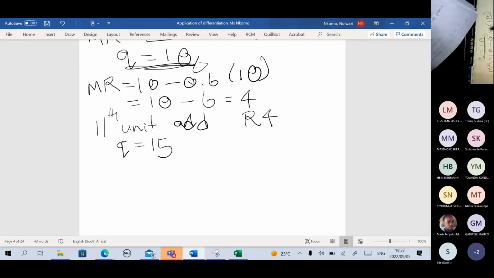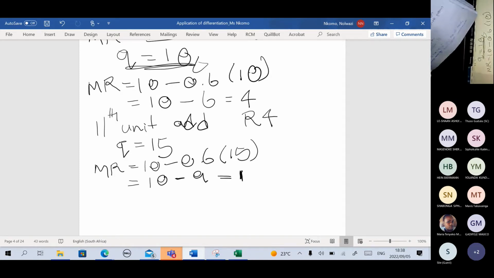Because they said we should find the additional income after the 15th unit, meaning when we sell the 16th, after 16 units have been sold, what would be the additional income? So in that case, for marginal revenue, we'll have 10 minus 0.6 times 15. This is 10 minus 9, which is 1.